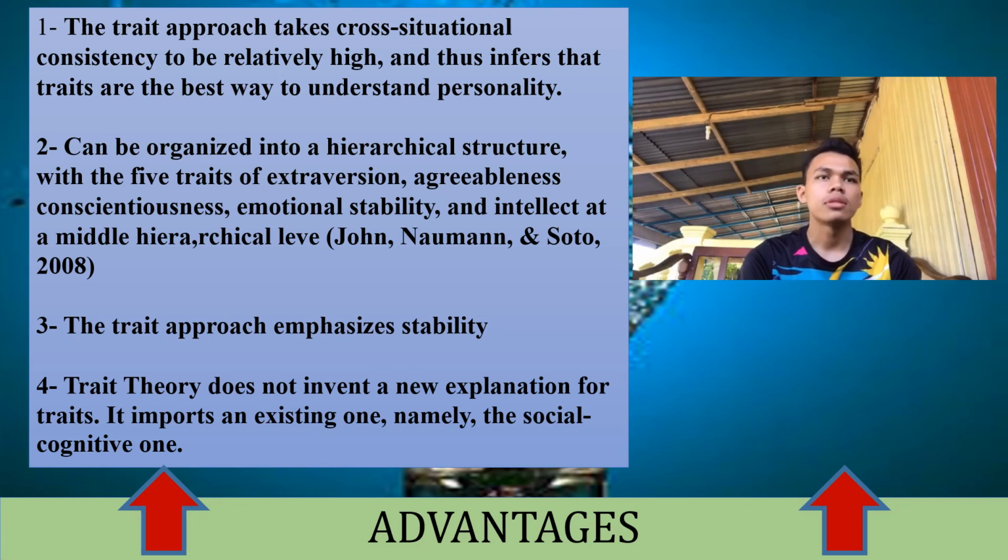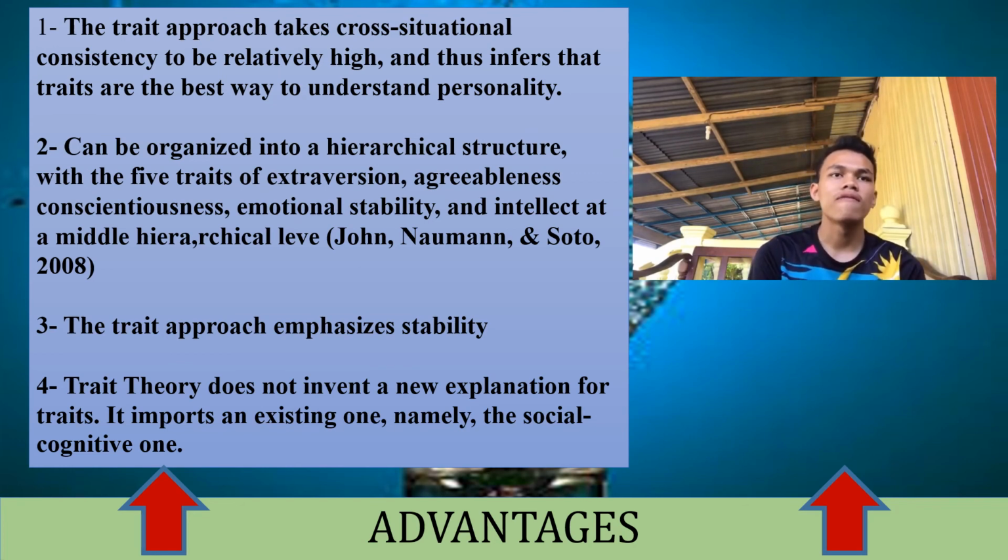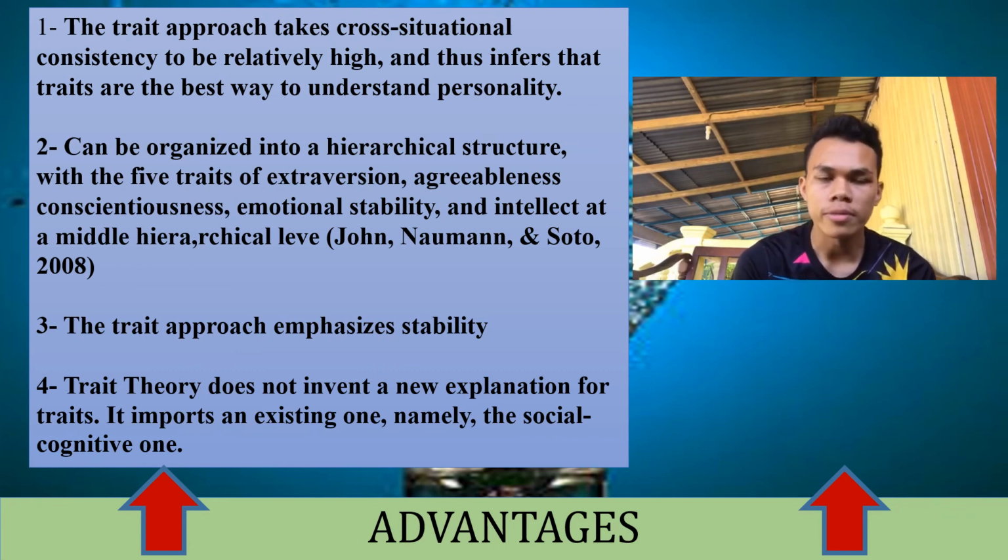Third, the trait approach emphasizes stability, and fourth and lastly, trait theory does not invent a new explanation for traits. It imports an existing one, namely the social cognitive one.